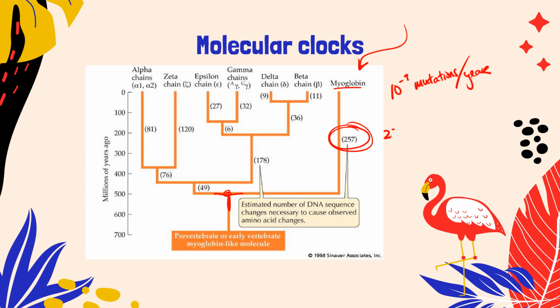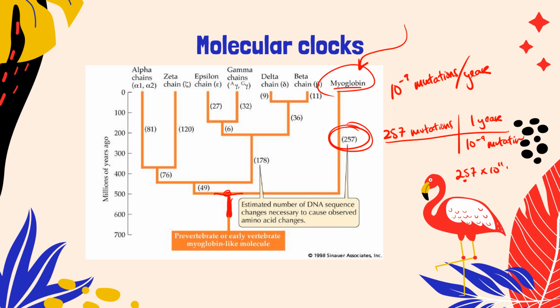So if we see 257 DNA differences, 257 mutations between myoglobin and this ancestral molecule, then I can do some super easy conversions. 10 to the minus 9 mutations per every year is going to lead us to 257 times 10 to the 11th years when I divide 257 by 10 to the minus 9, cancel out mutations, and we're left with years.